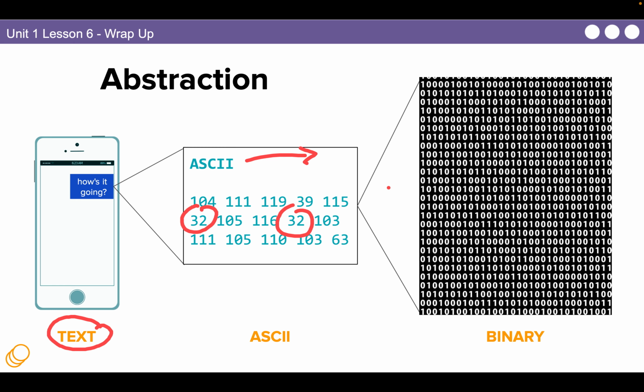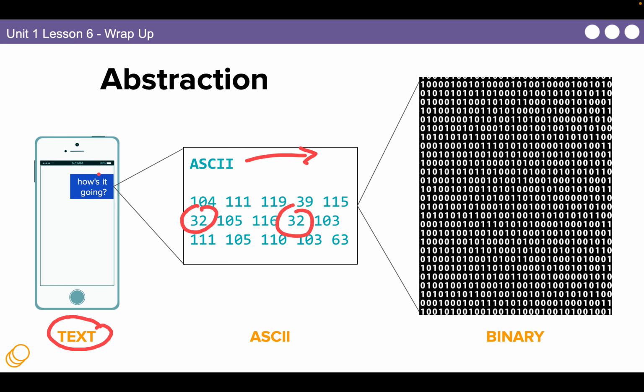So, the concept of abstraction is that we can think of information on multiple levels. And we can just think of it on the highest level that we work with, like text, and know that there are layers underneath that are also true. So really it's using the ASCII system, but really it's representing all the ASCII numbers in binary.